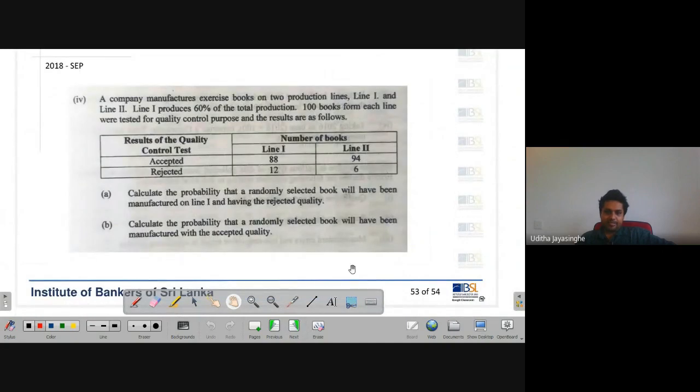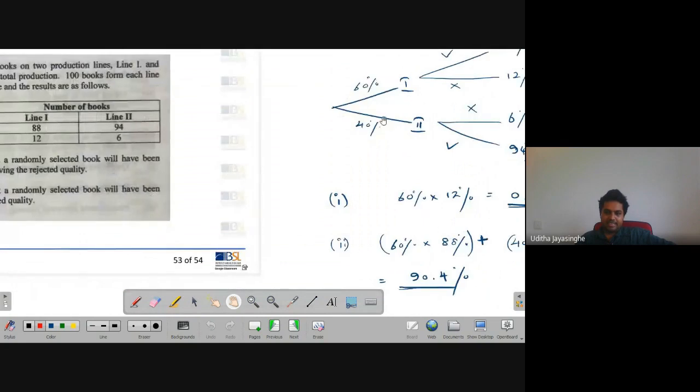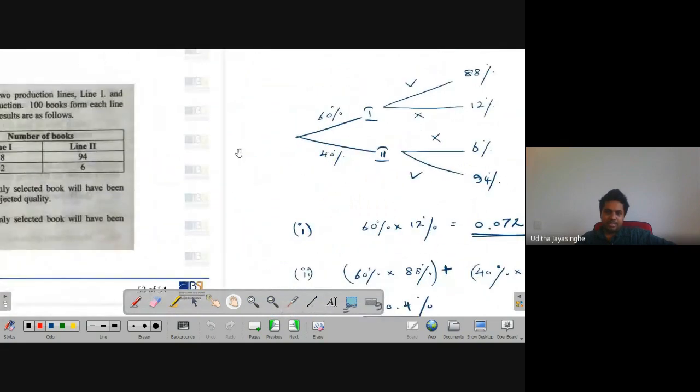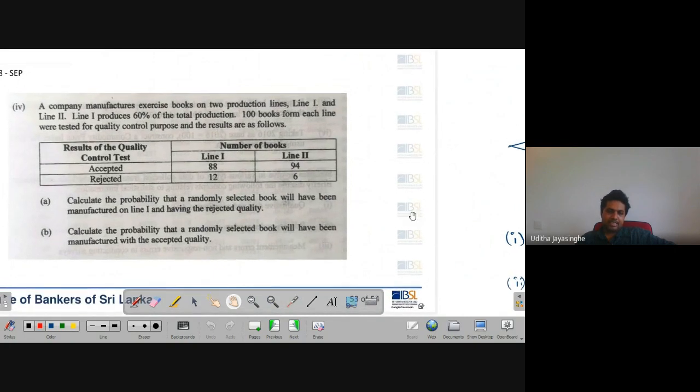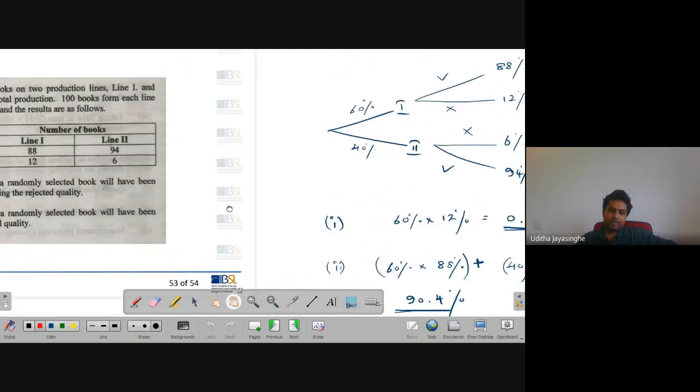In the interest of time, I think this is a pretty much similar question. Quickly, let me share the answers for the two lines, number of books accepted and rejected. First part, calculate the probability that a randomly selected book will have been manufactured on line 1 and rejected. Second part, calculate the probability that a randomly selected book will have been manufactured with accepted quality.